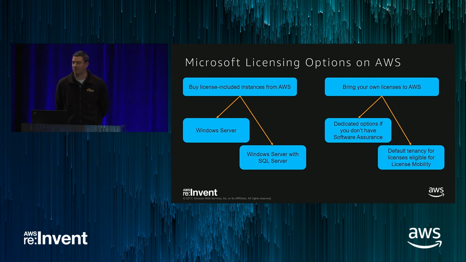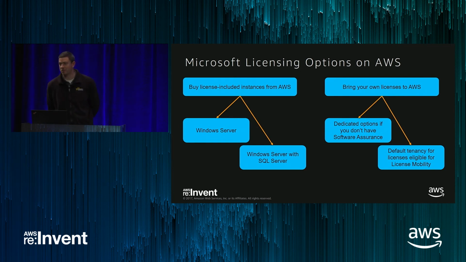We have AMIs for Windows Server, all the way up to Windows Server 2016. We have AMIs that include SQL Server. Those of you familiar with SQL Server will know that Microsoft released SQL Server 2017 a couple months ago. We have AMIs with Windows 2016 and SQL Server 2017 all ready for customers to launch.